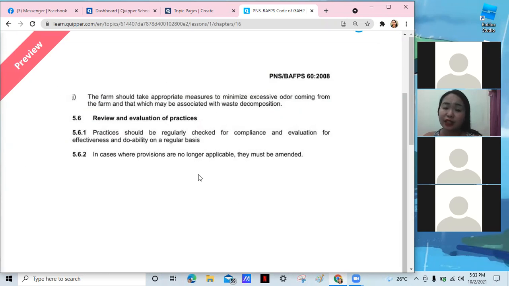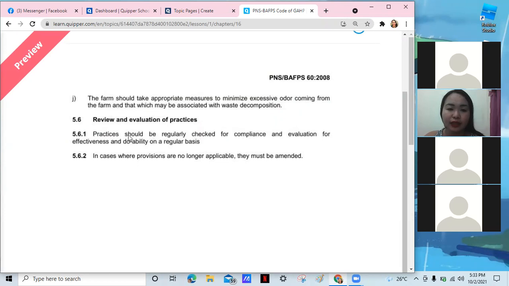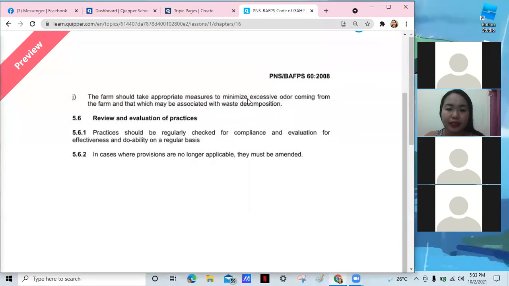So I just finished yung continuation natin last time about the Philippine National Standards on GAP, no? And the last portion is etong air quality, and so i-minimize natin yung odor, especially from the farm, especially pag like waste decomposition, no? So yung mga waste materials in terms of animal waste or even microbial waste, mabaho yun na siya.